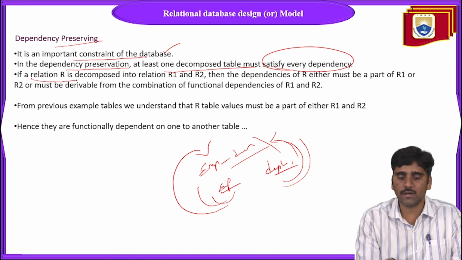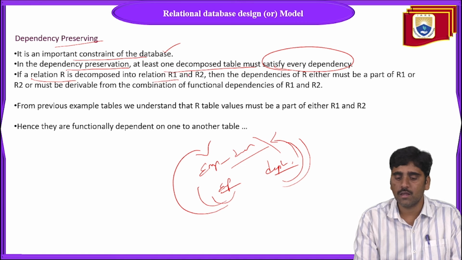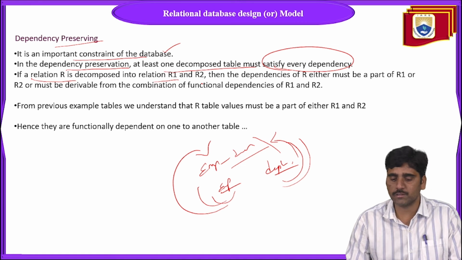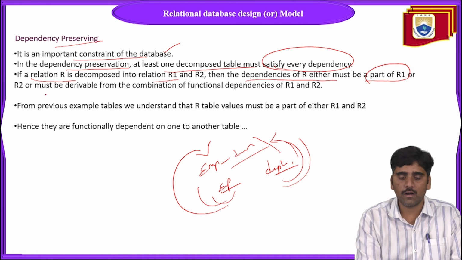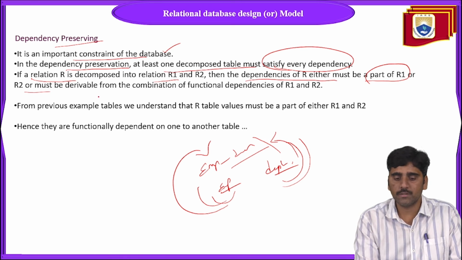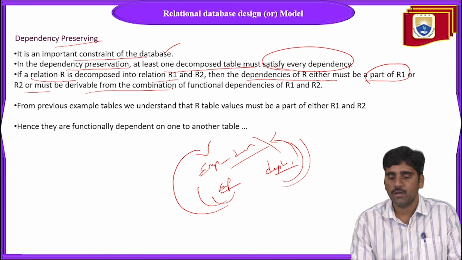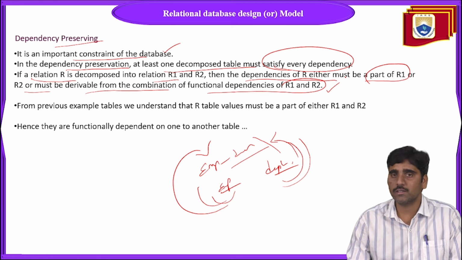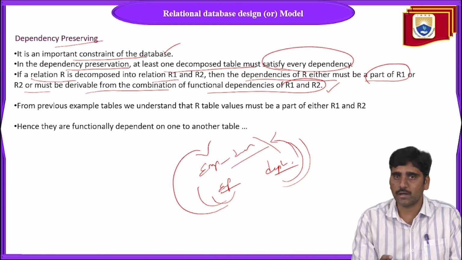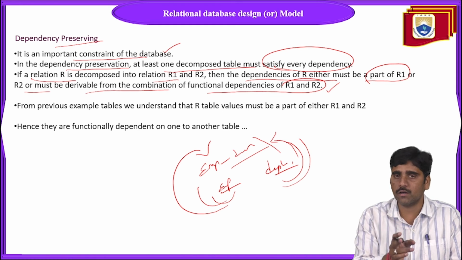So if a relation R is decomposed into relations R1 and R2, as in the previous example, then the dependencies of R must either be a part of R1 or R2, or must be derivable from the combination of functional dependencies of R1 and R2. That is, relation 1 and relation 2 have attributes depending on the first table.